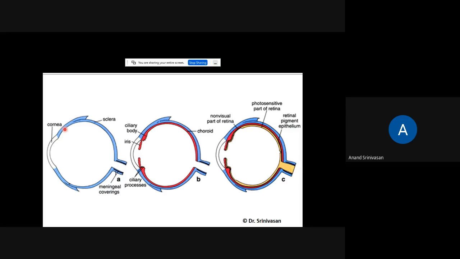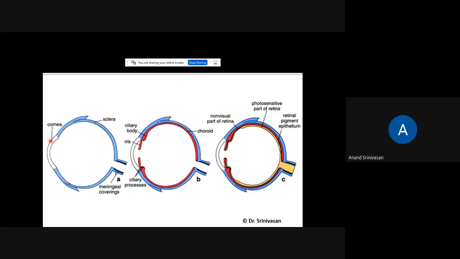Now the sclera, if you trace it towards the anterior part, over the black part, which is the pupil, there is a transparent membrane. Transparent means it allows the light to pass through, just like glass, like a window shield.